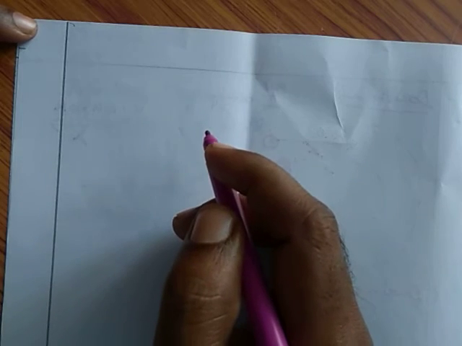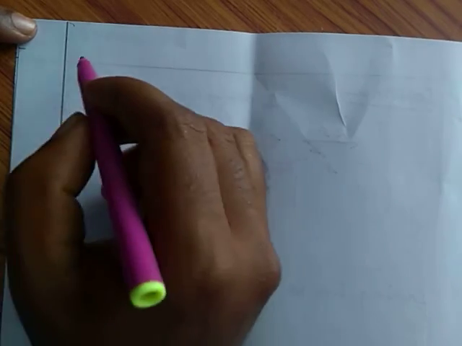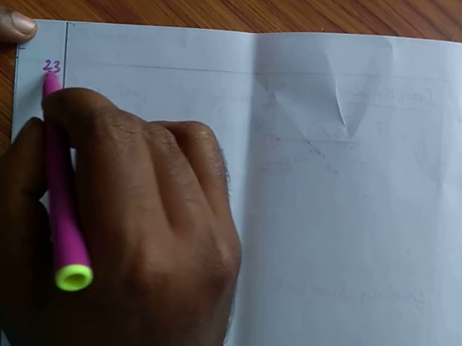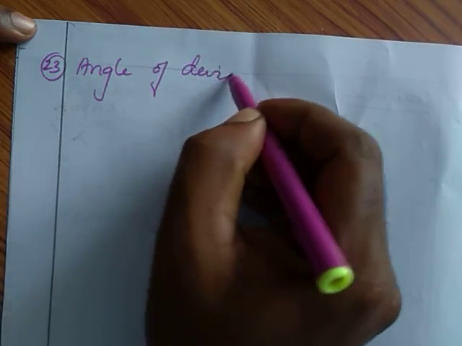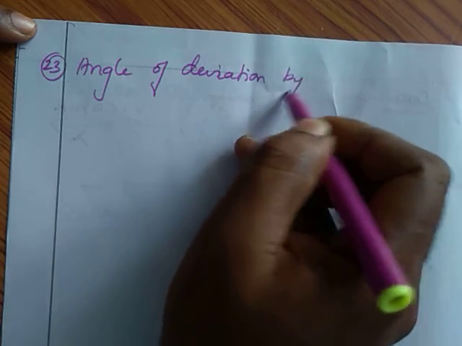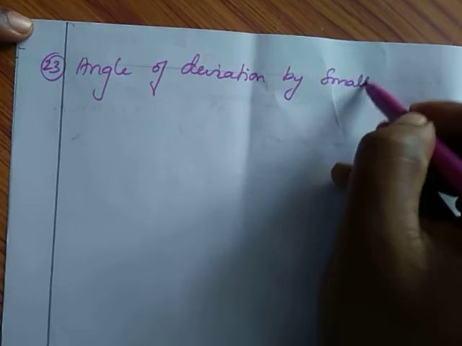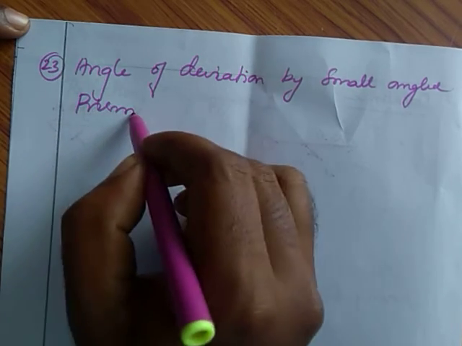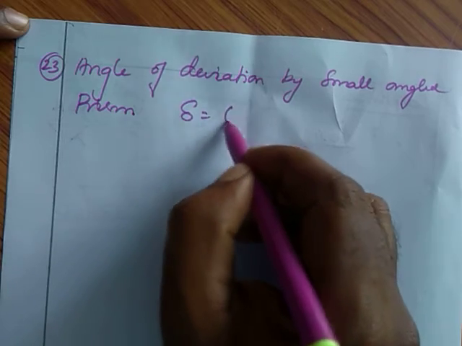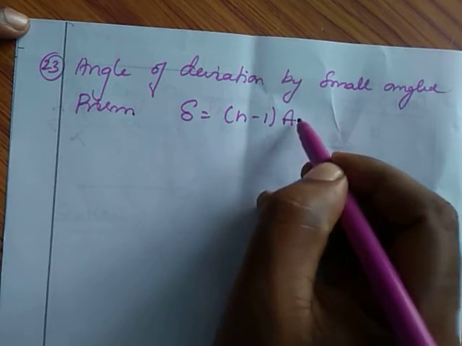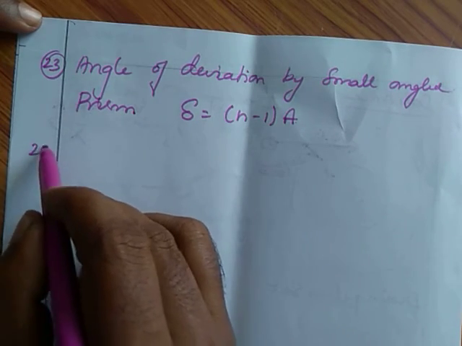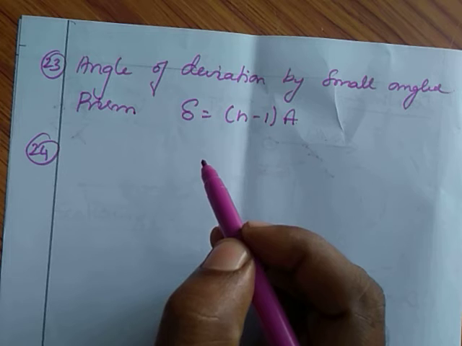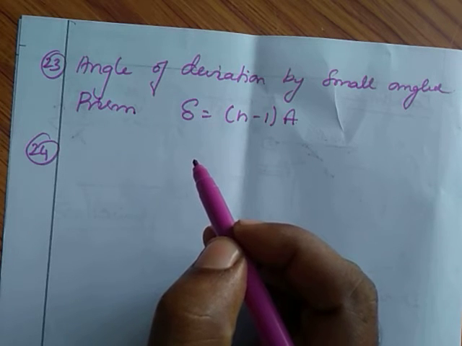Then the next thing, the angle of deviation produced by a small angled prism, that is delta is equal to (n minus 1) into A. Okay, then there is the angular separation, that is the angle between the two extreme colors, violet and red.